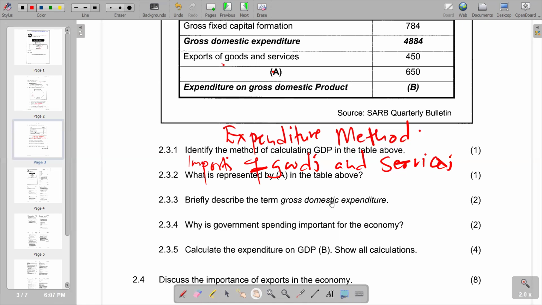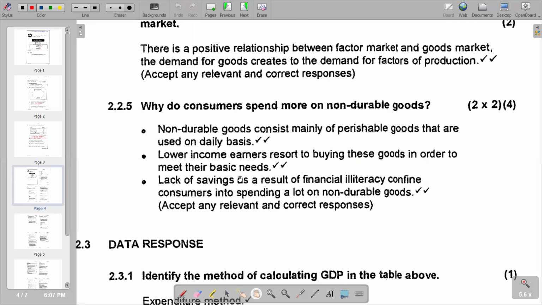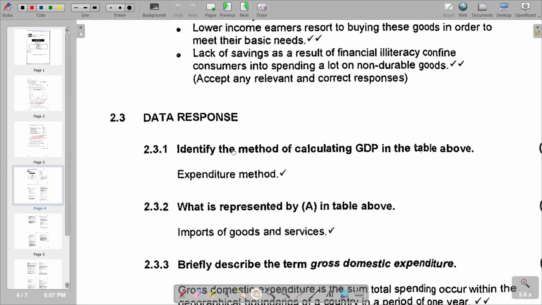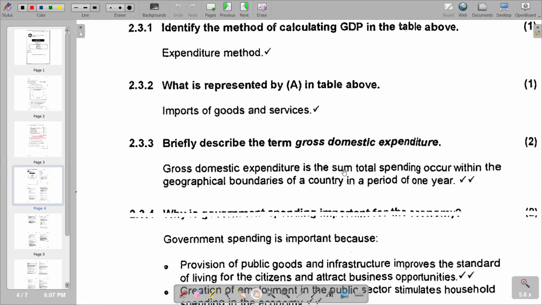So this is gross domestic expenditure. So we now try to see, according to the description that we are given, according to this video, we go again and try to see. We see that the explanation that we have, that is gross domestic product, is the sum of total spending which occurs within the geographical boundaries of the country in a period of 1 year.